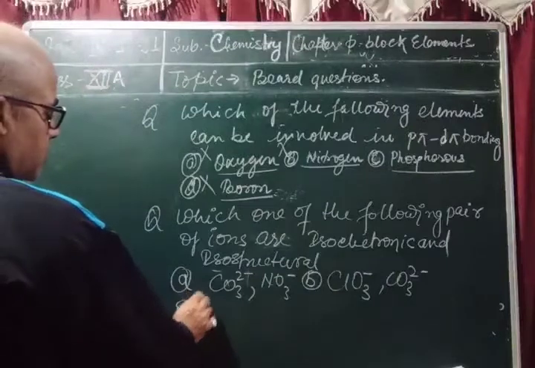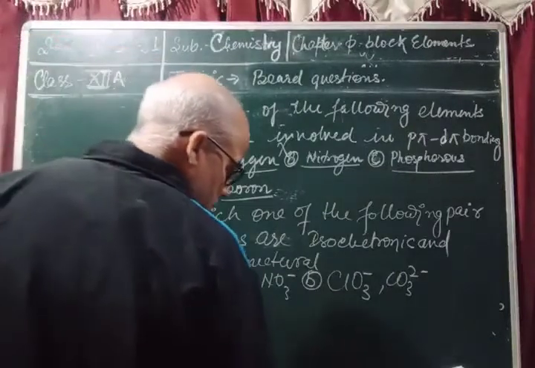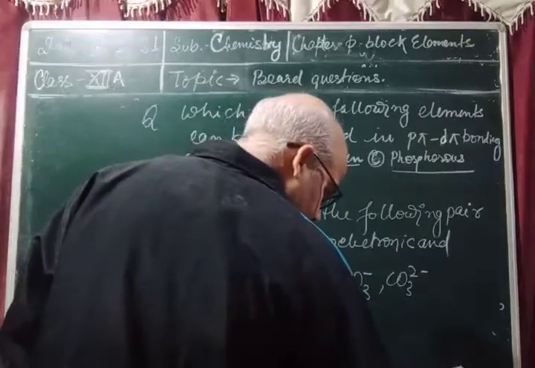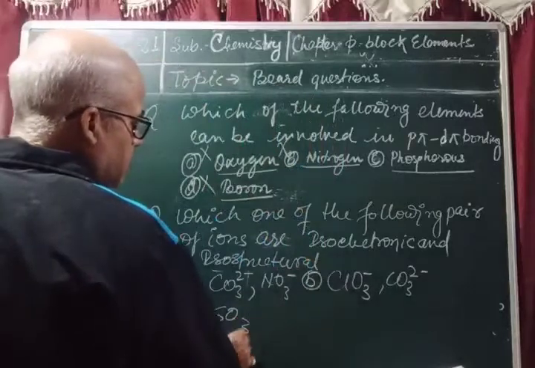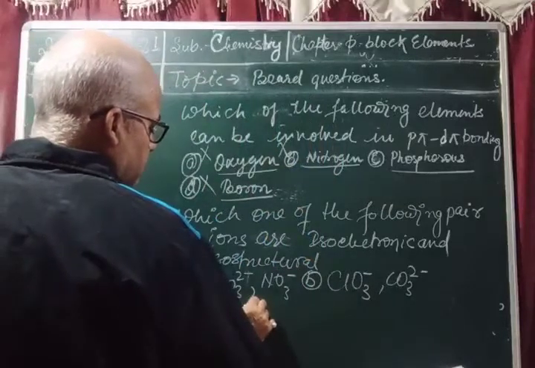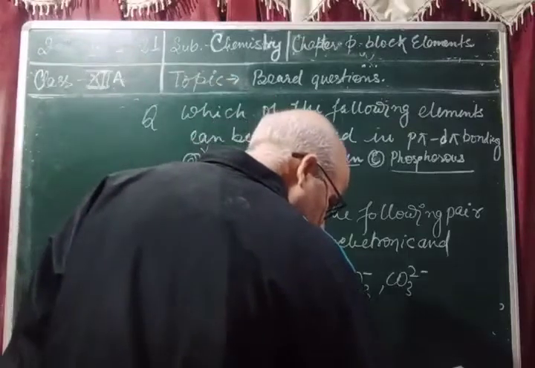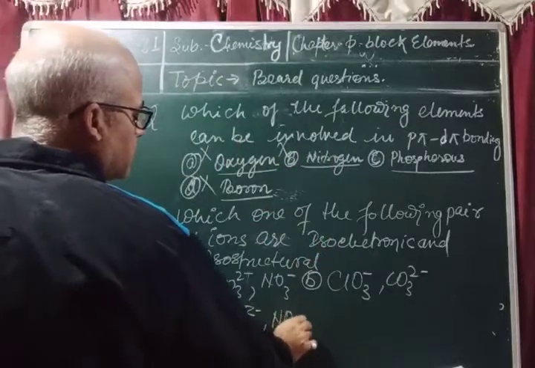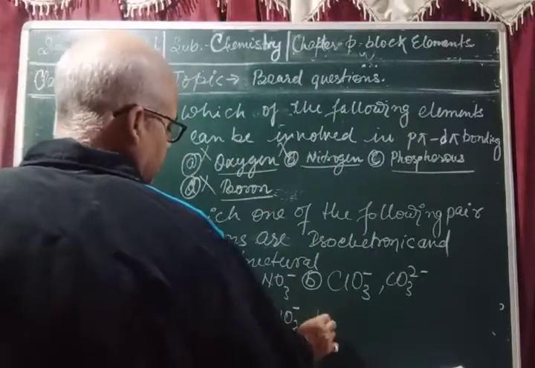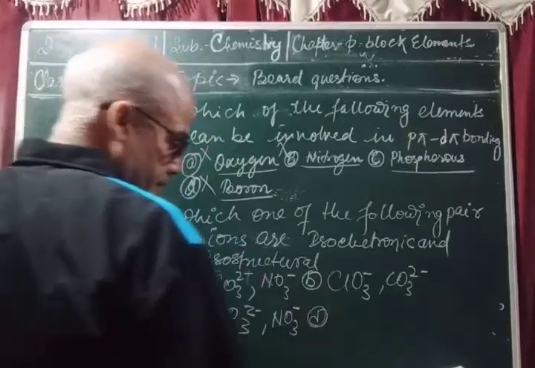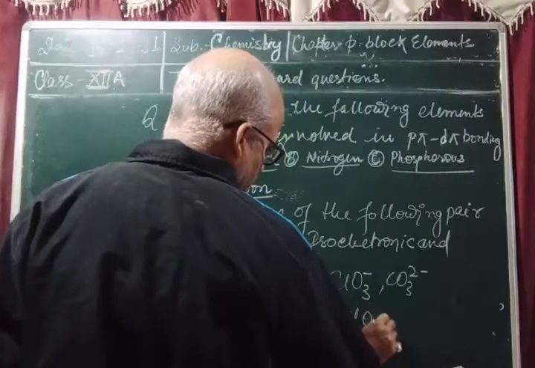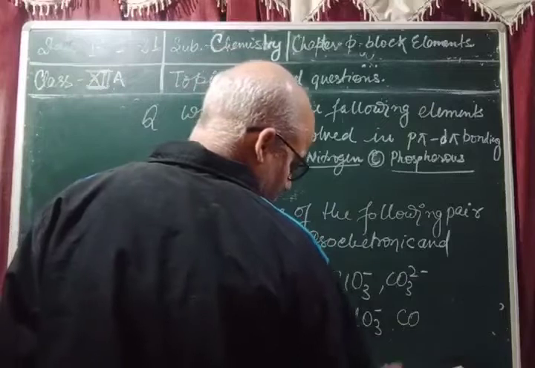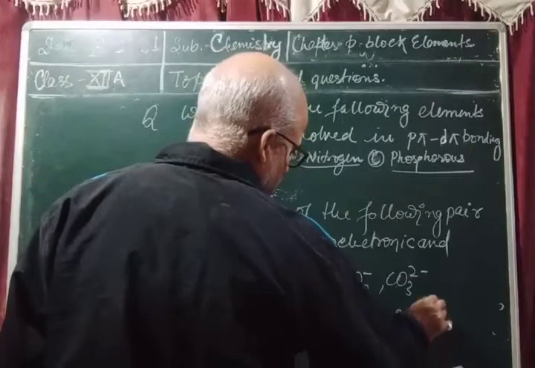Option C, SO3 2 minus and NO3 minus. And last is ClO3 minus and SO3 2 minus.